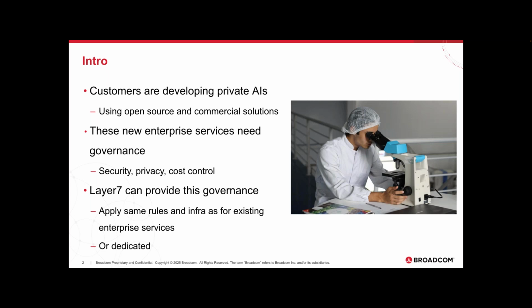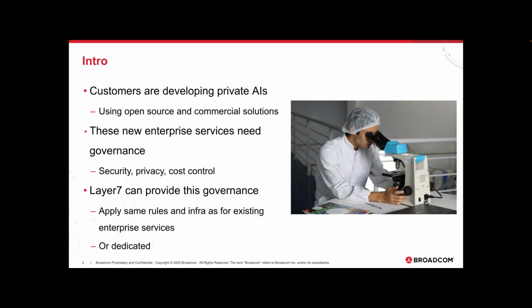Enterprises are now at a stage where they need to get past the experimentation and actually deploy these services. These are new enterprise services that need governance, security, privacy and cost control. I highlight those in particular because those are concerns especially applicable to something like a large language model, a private Gen AI.